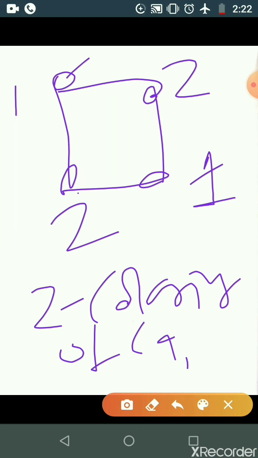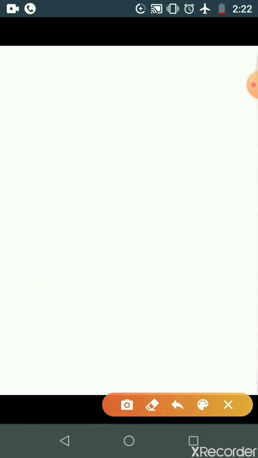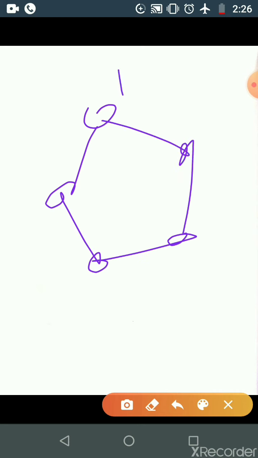Of course you can use 3 colors as well as 4 colors, okay? But we want to minimize the coloring, correct? Likewise in C5, you can use 3 colors, correct? So 1 2 3, again you can use 1 because this is not adjacent with the first vertex, this is not adjacent with this one, correct?